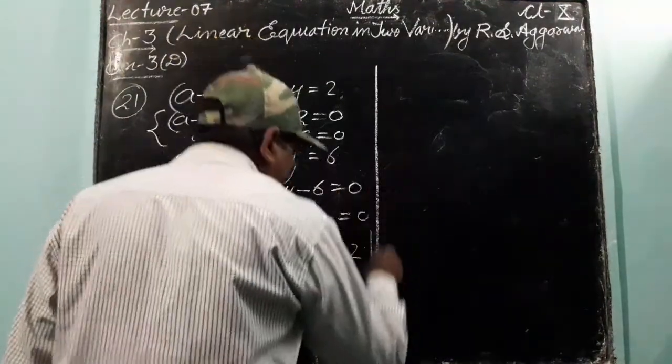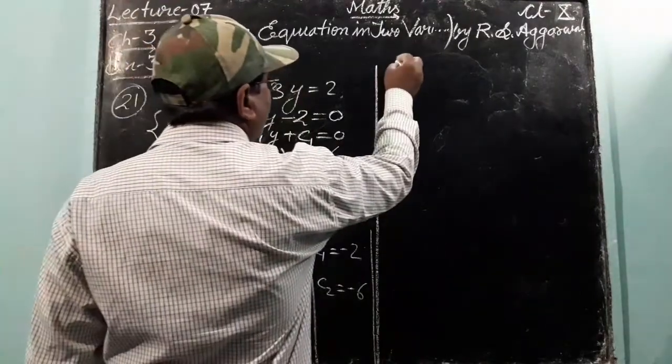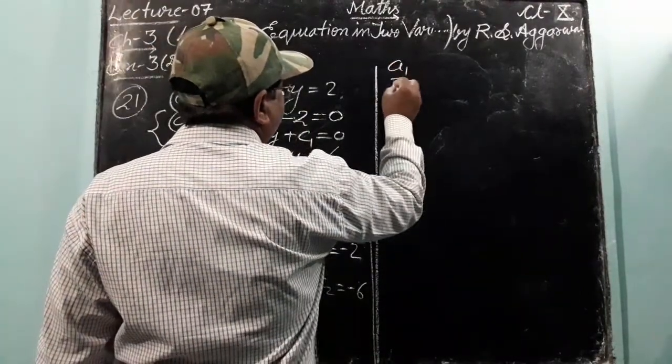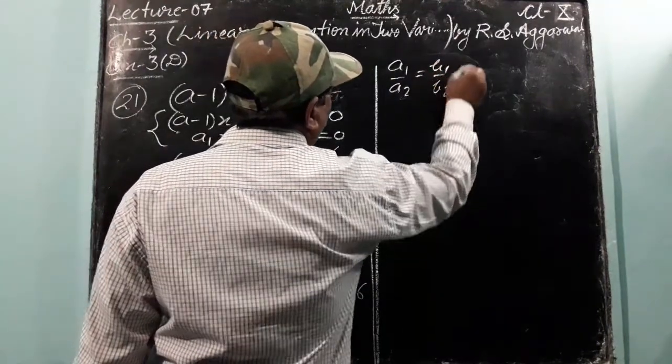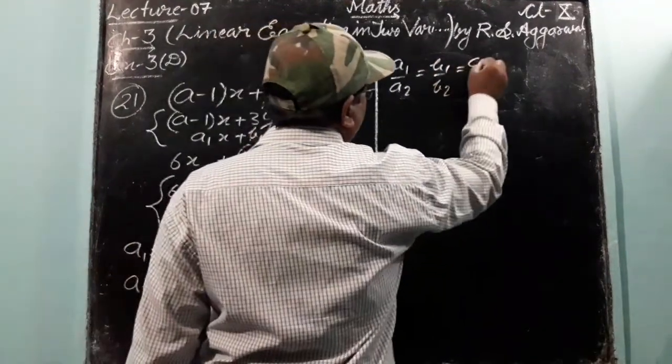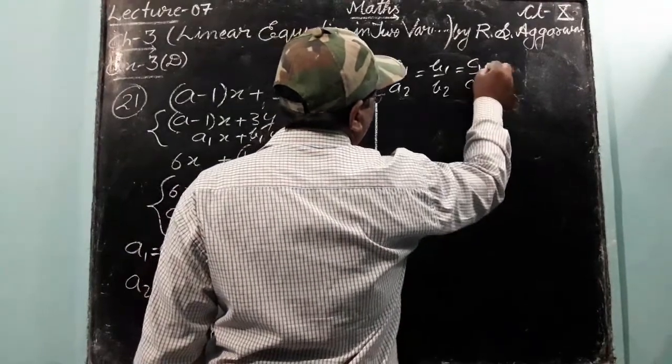Here a1 upon a2 is equal to b1 upon b2 is equal to c1 upon c2.